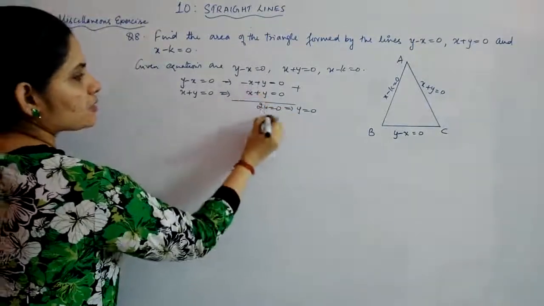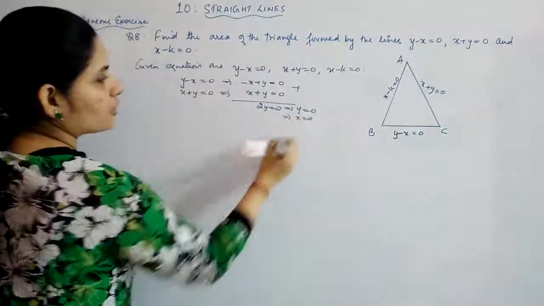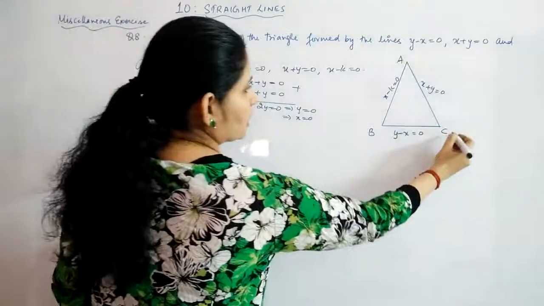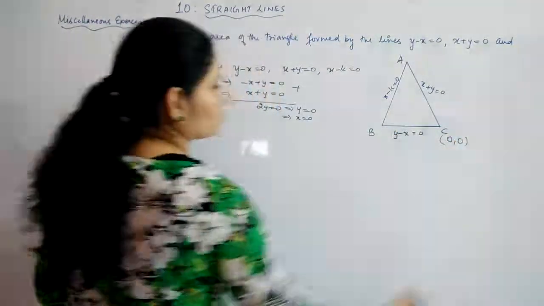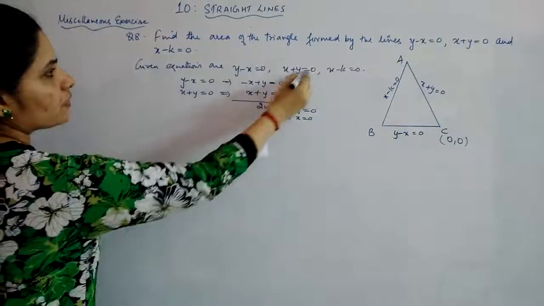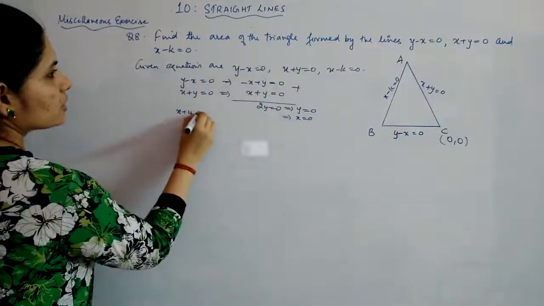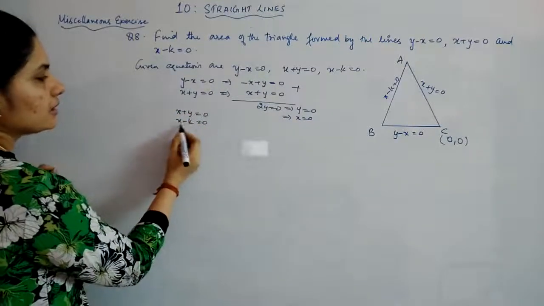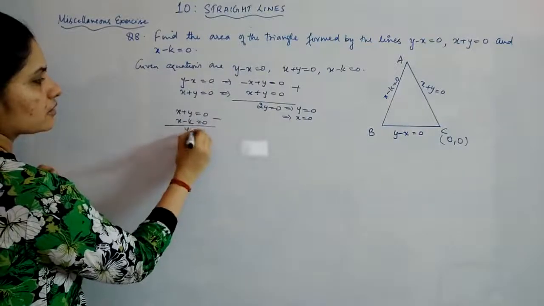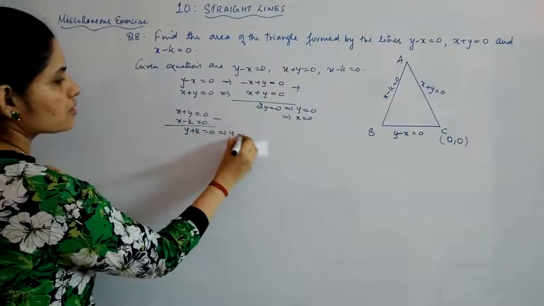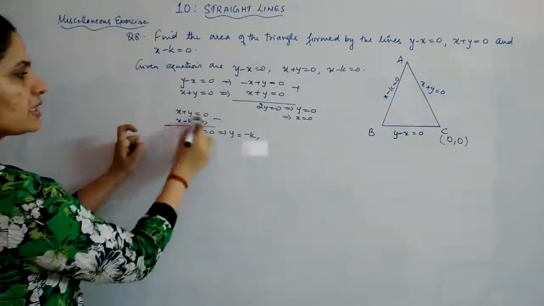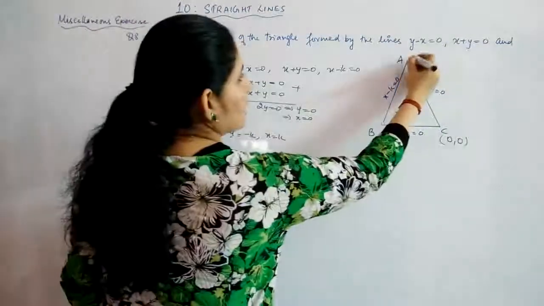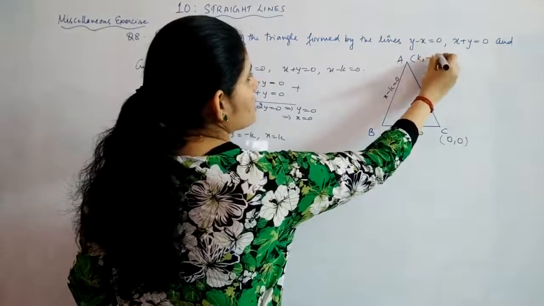And replacing it, you will get x is also equal to 0. So you have solved this and this, so the point C is 0 comma 0. Okay. Next we will solve the other two, that is x plus y equal to 0 and x minus k equal to 0. From here you can see that if you are subtracting, you will get y plus k equal to 0, or y is equal to minus k. And from the second equation itself you get x is equal to k. So the point A is k comma minus k.